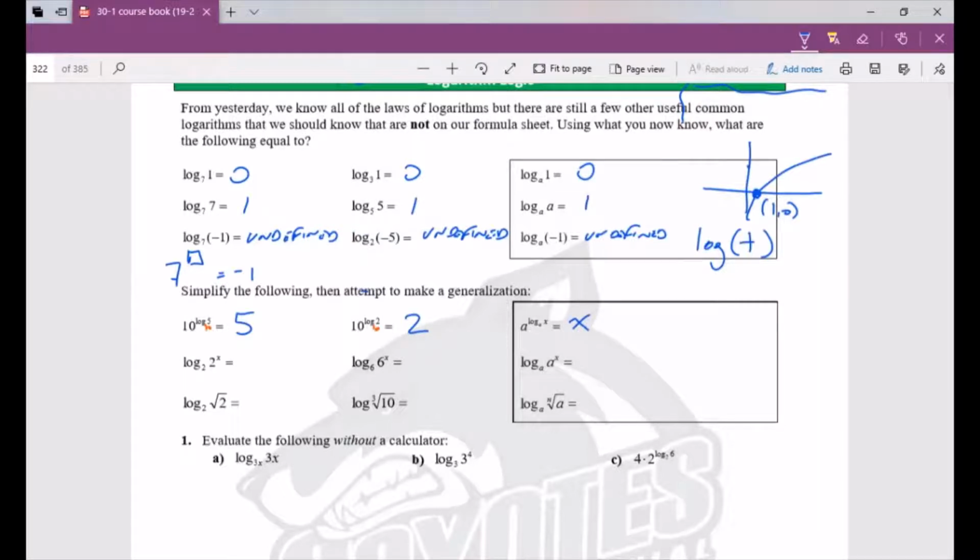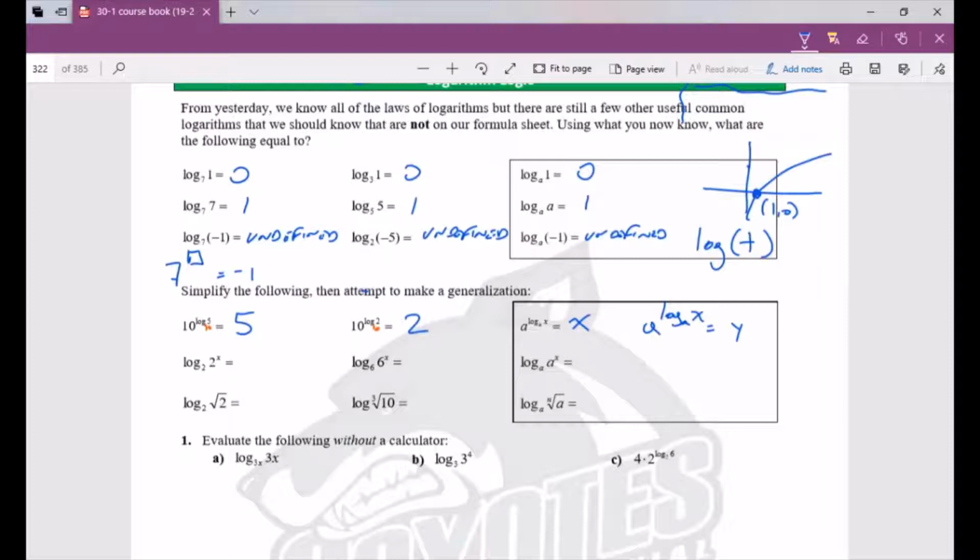Now, there are a few different ways we could come up with this rule about why it is. Say I've got a to the log x base a, and I want to know what it's equal to. For now, I'm just going to say it's equal to y, and that will be my answer when I figure it out. If we start with this, and then swap this around, this is now in exponent form.